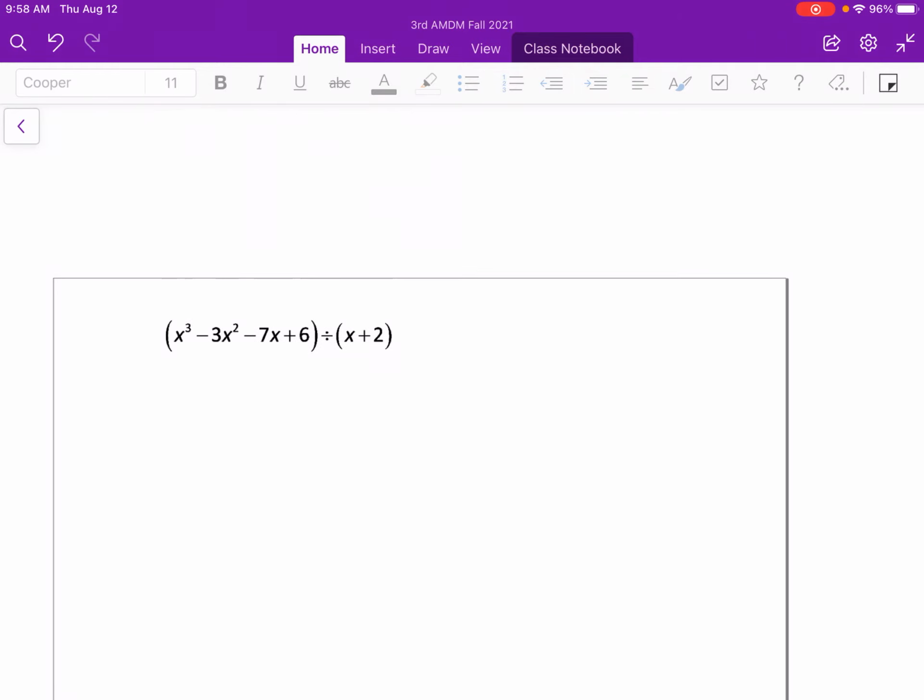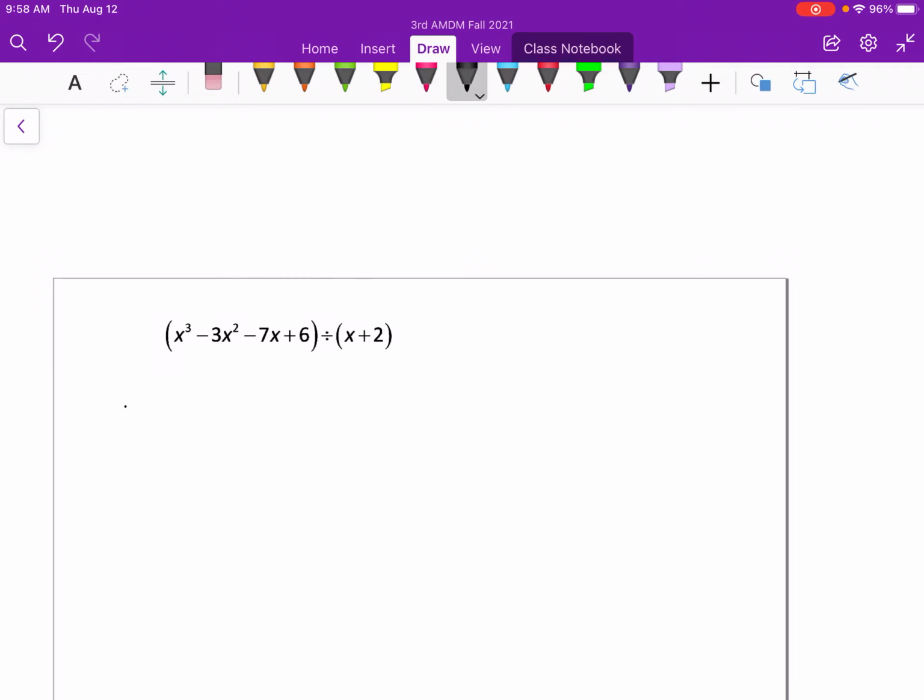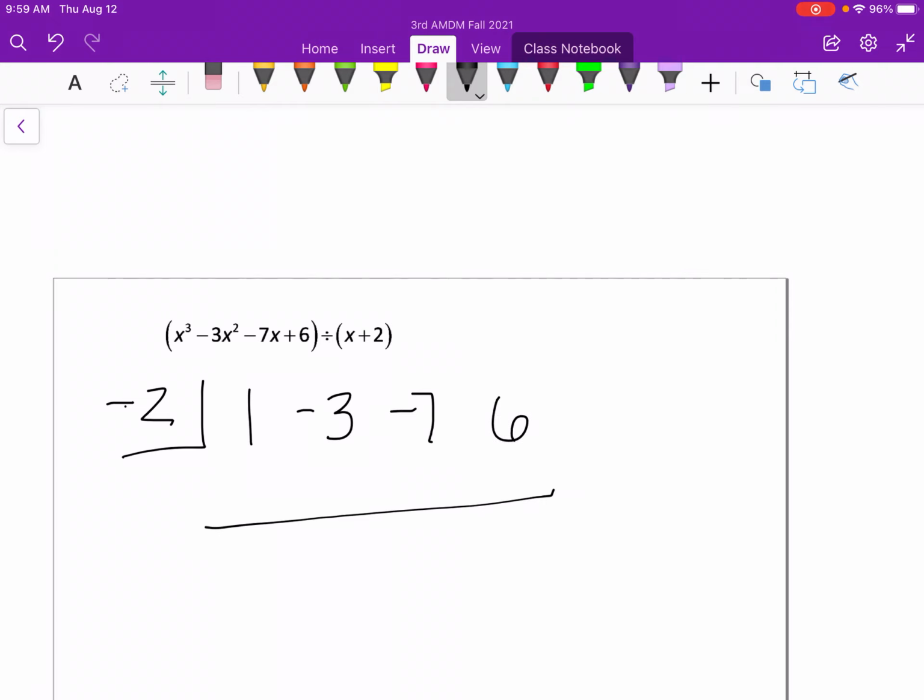We have another one here. So my divisor, my root, is -2. Put that in my box. I have 1x cubed, -3x squared, -7x plus 6. They went down by 1 degree each, so I don't have any placeholders. Drop my 1. 1 times -2 is -2. I add.